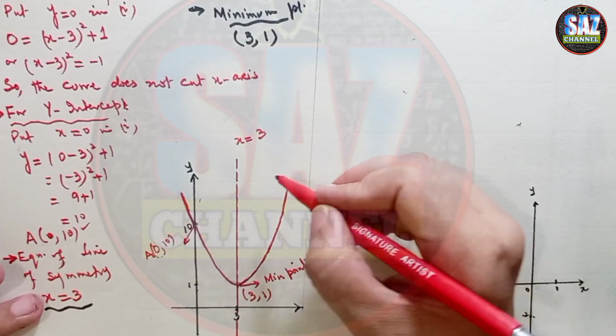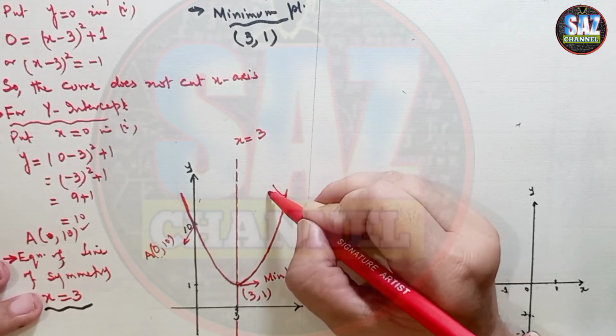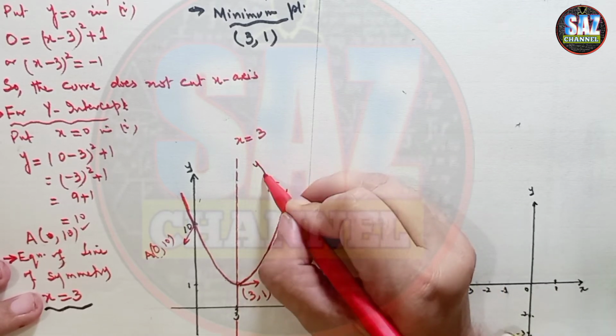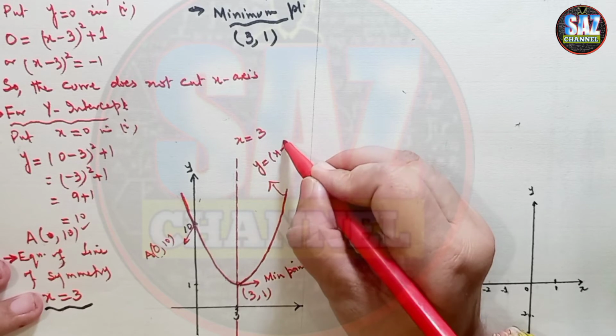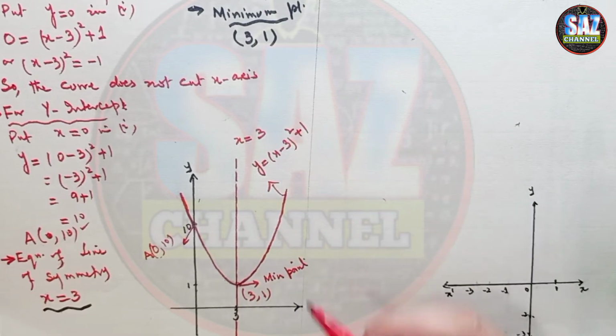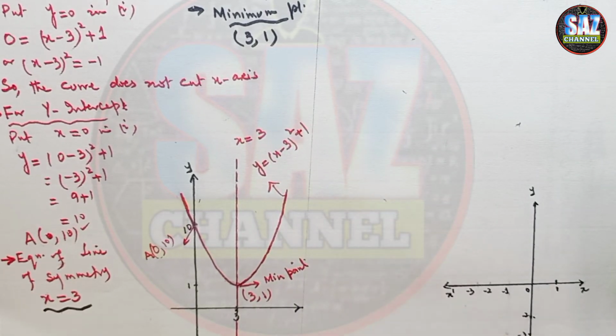And the curve for which we are plotting this equation which is given in the question is (x minus 3) whole square plus 1. These are the compulsory things that you must have to do, that you have to label x-axis, y-axis, and you have to label all of the components of the graph.